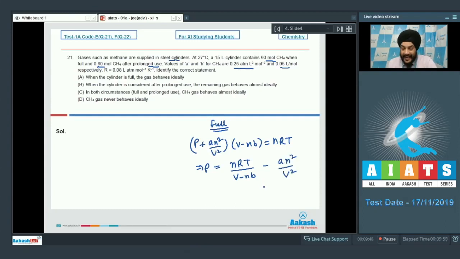Now students, for this real gas equation, all the parameters have been given to us. The number of moles given to us is 60, the volume given to us is 15 liters, and the values of A and B are given to us. Value of A is equal to 0.25 and the value of B is equal to 0.05. We just need to substitute these values into this equation.